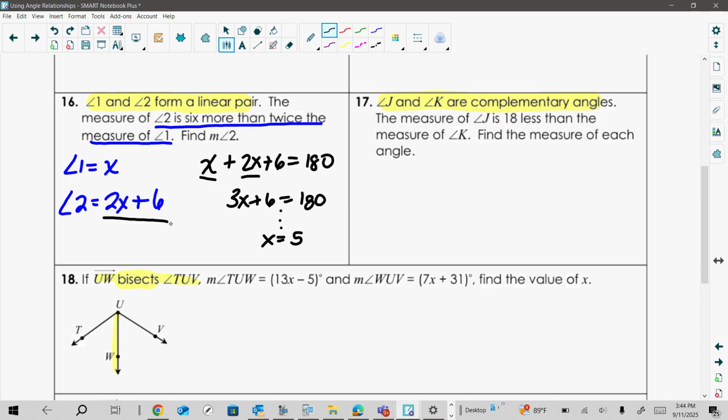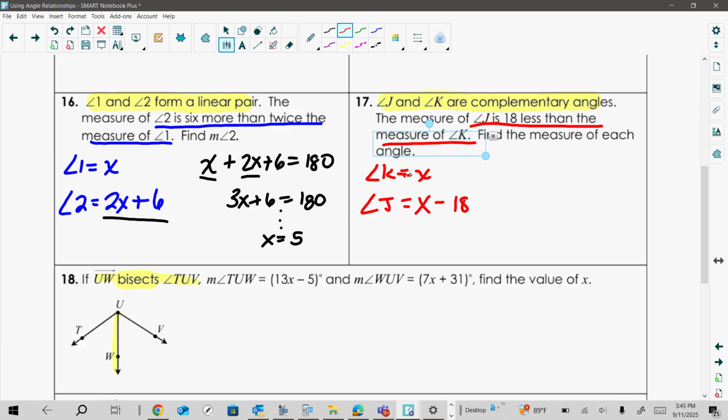Now on 17, we have complementary angles, so the sum equals 90. But it says here as well, J is 18 less than the measure of angle K. Well, I don't know the measure of angle K, so that's going to be my x. And my angle J is 18 less than that, so that's x minus 18.